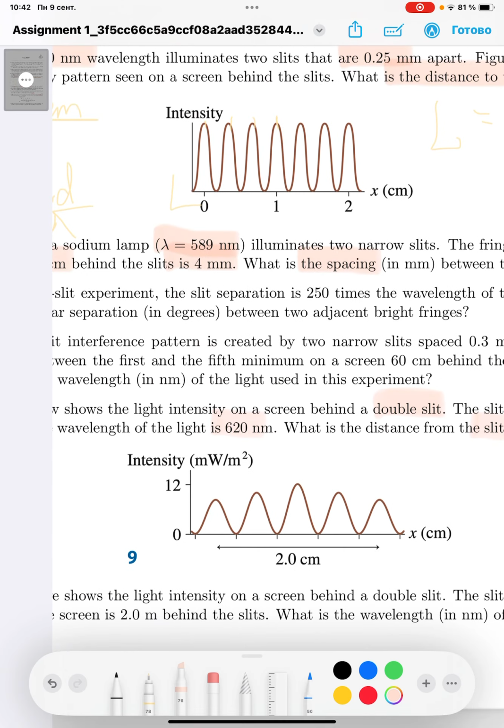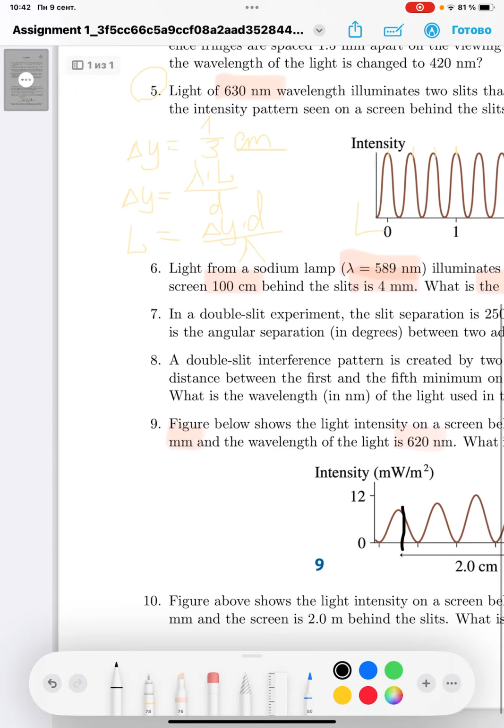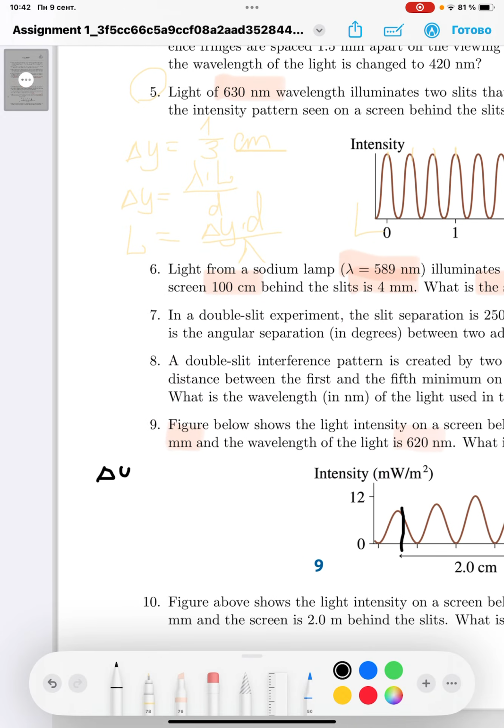Here is the distance between our fringes, and we can write delta y is equal to L/4. That will give us 1/2 centimeters. And also let's look at delta y is equal to, we remember our formula, the wavelength times L over d, and we can express L here.